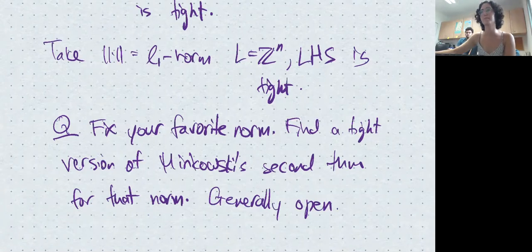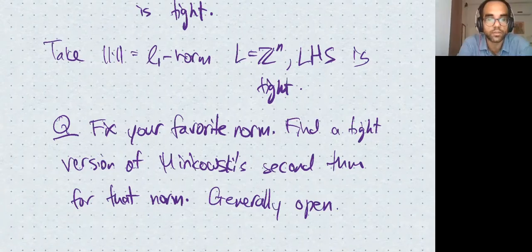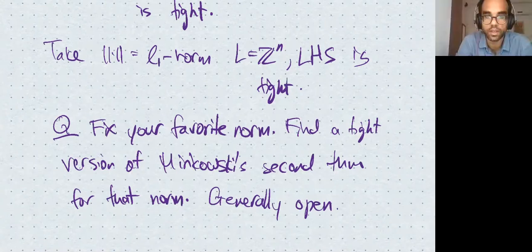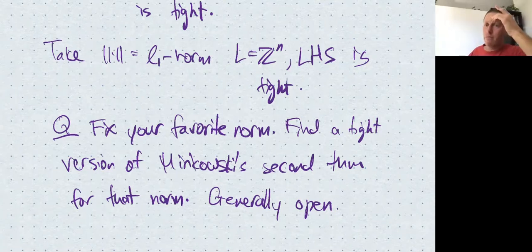Cool. So I also had a question regarding this question. When you said fix your favorite norm, do you want to fix a type of norm and then vary the dimension of the space, or is it about really finding the constant for a fixed norm and fixed dimension? Both questions are reasonable.